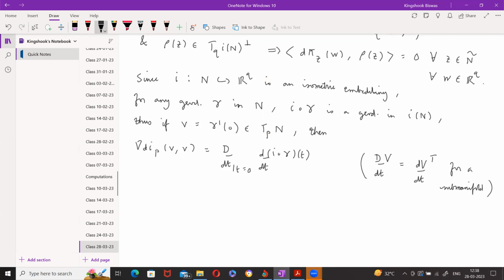So this is equal to I composed gamma double prime 0, tangential component, right?